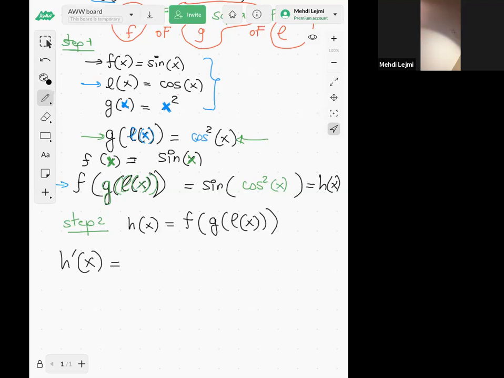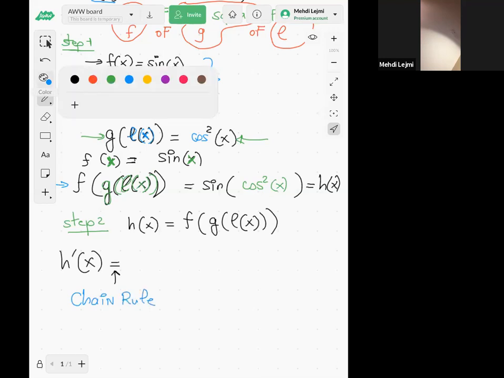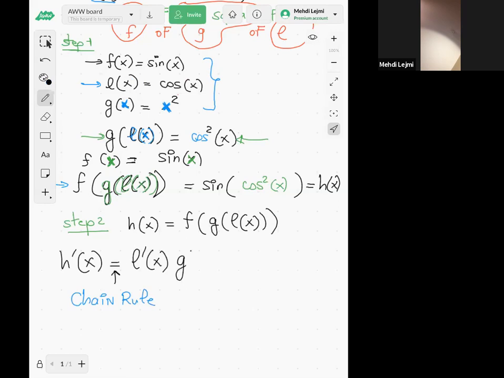So this is the chain rule for three functions. When you have the composition of three functions, then the chain rule is the following: h prime would be L prime of x, g prime of L of x, and then f prime of g of L of x.